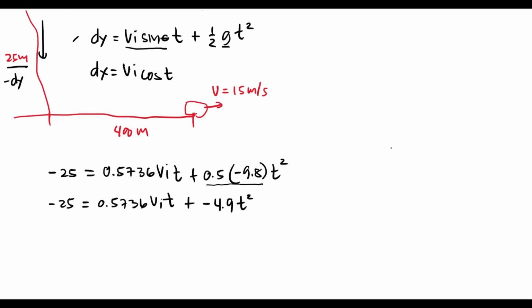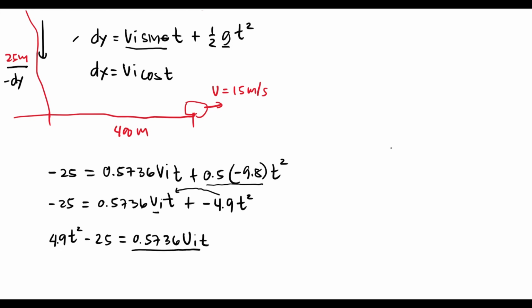Then from this, we need to solve for the initial velocity. So we need to transpose this negative 4.9 to the other side. So this becomes positive 4.9 times the time squared minus 25 equals 0.5736 times the initial velocity times the time.